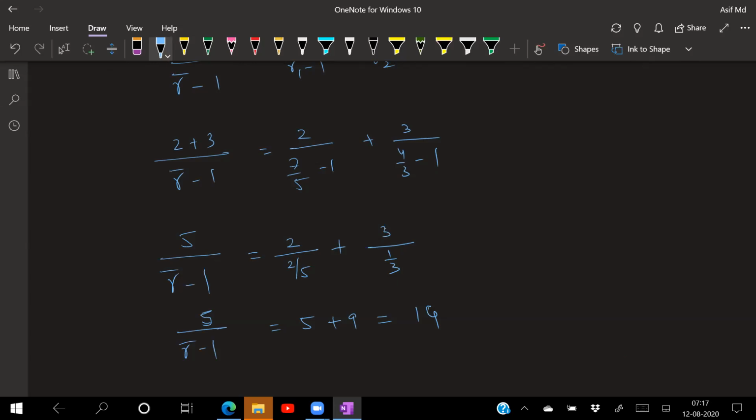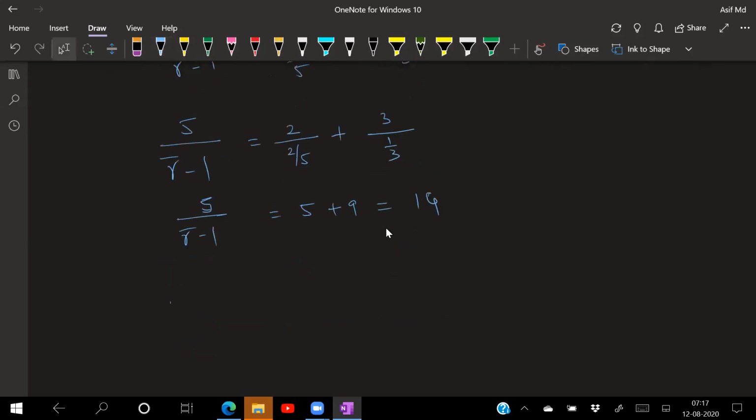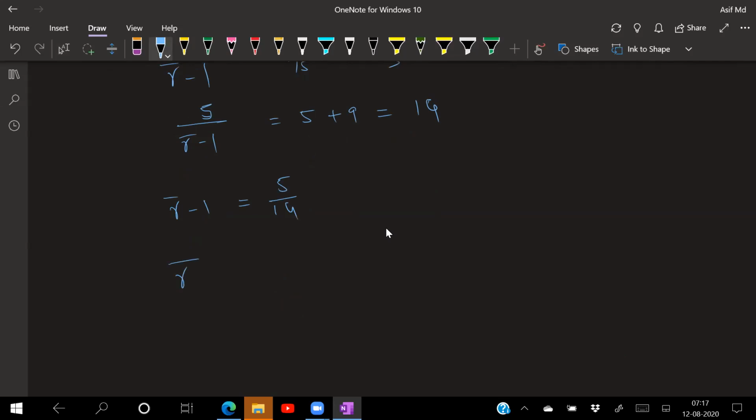So I can write this now as: gamma of mixture minus 1, if I take it up, will become 5 by 14. So gamma of mixture will become 1 plus 5 by 14. The LCM is 14, so this is 14 plus 5, which will be equal to 19 by 14.